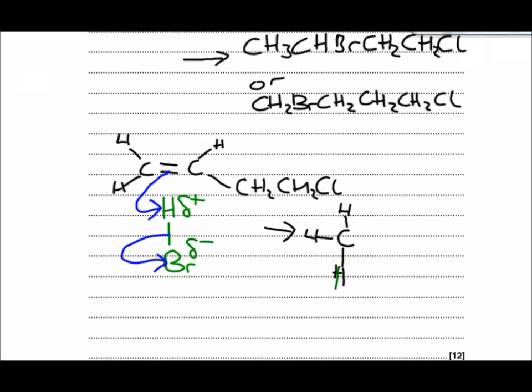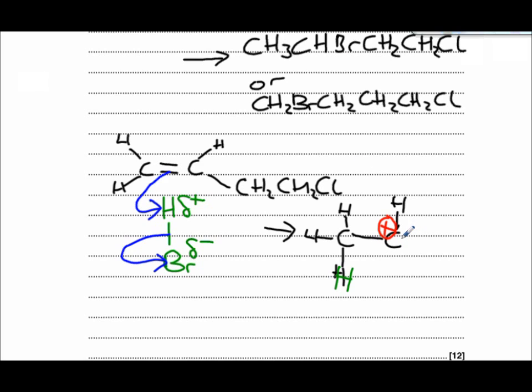Put that in green. Now I've got just a single bond here, a C with one H on it. And this of course now, because its bond has been broken, is a positive charge. Make sure you show that positive charge clearly. It's a full positive.